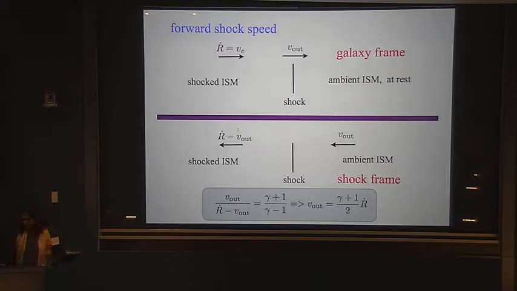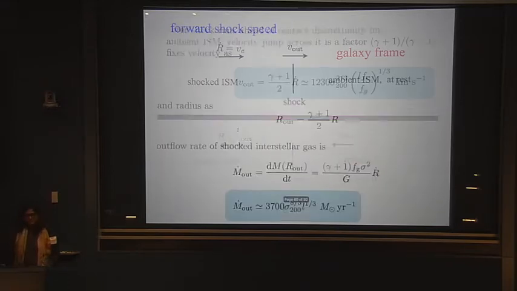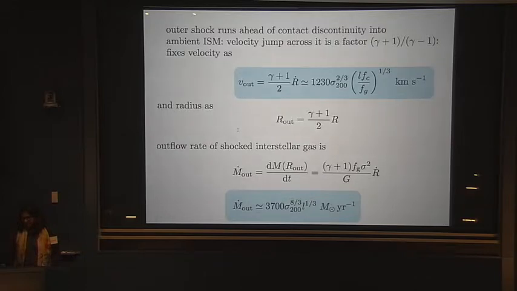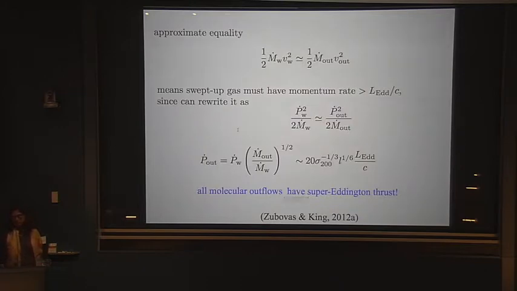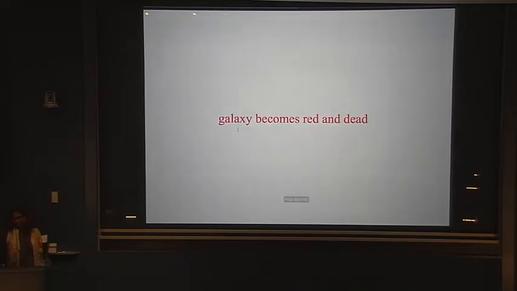You can then calculate in detail how the velocity of the outflow depends on the equation of state of the gas, and you can calculate the mass in that outflow, the mass outflow rate. You can very simply, numerically, calculate all of these quantities that are relevant for matching with observations. Okay, so this is the sequence.